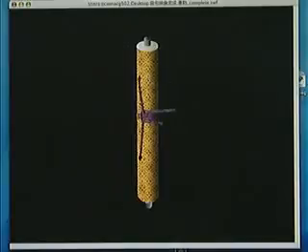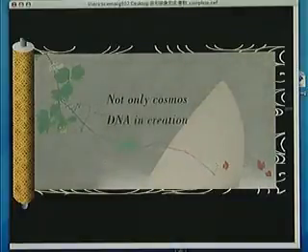And the English haiku reads as follows: Not only cosmos, DNA and creation, made in cold places.